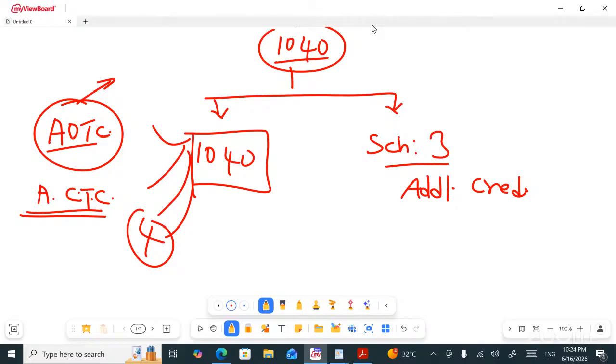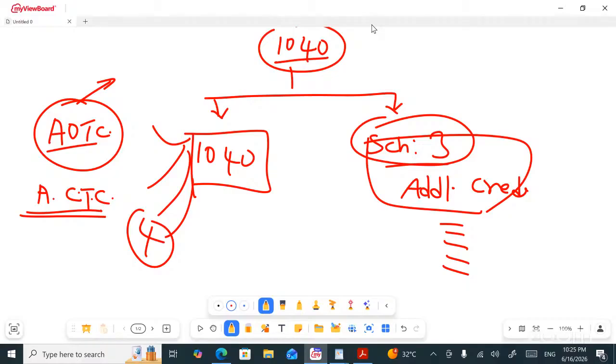So in this we are going to cover a variety of credits. So finally we are going to cover 2 types of credits. Some are credits to be included in form number 1040 directly. Some credits will be attached through Schedule number 3. So finally, you are going to study 3 schedules, Schedule 1, Schedule 2, and Schedule 3, for various matters.